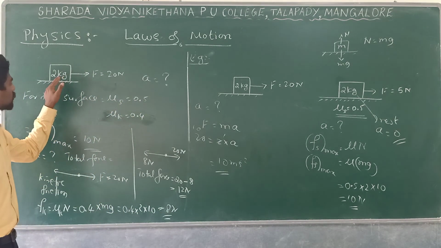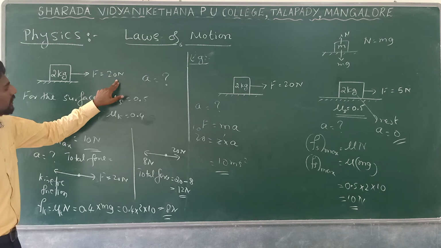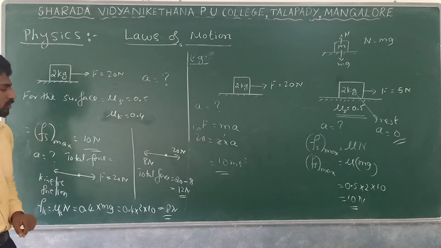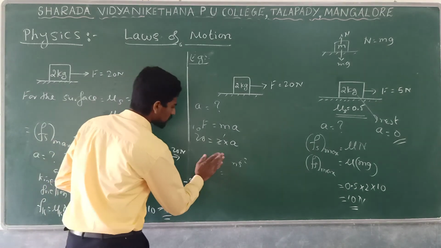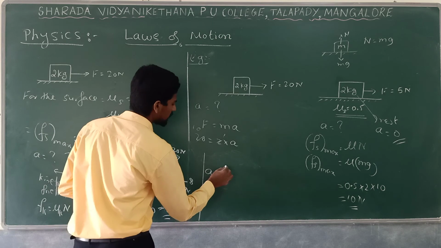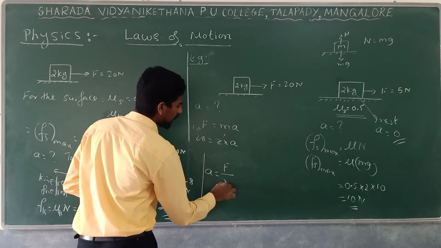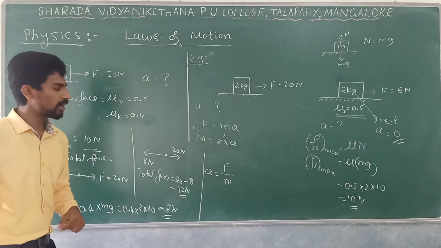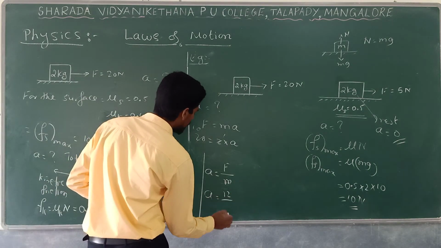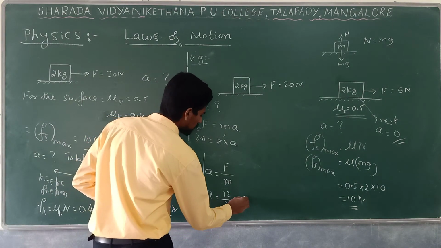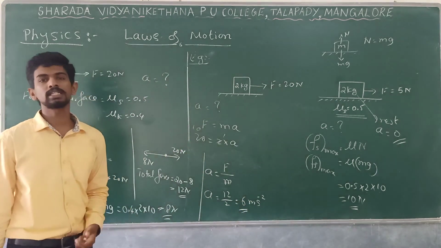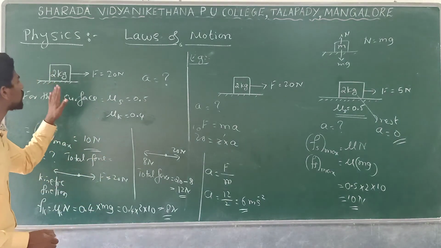Then you can easily find the acceleration as F is equal to ma, or a is equal to F by m. The total force is 12, the mass is 2, so 12 by 2 is 6 meter per second square. That is the acceleration of this body.